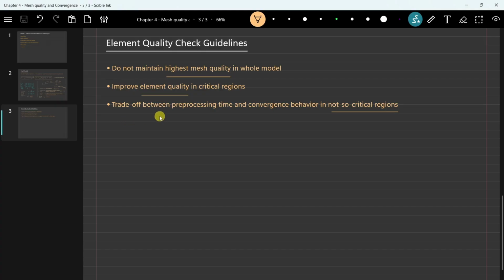Yes, it should not be that the quality is too poor in not so critical regions, but we don't want to go to extremely high quality elements in that region. So this is basically a trade-off.